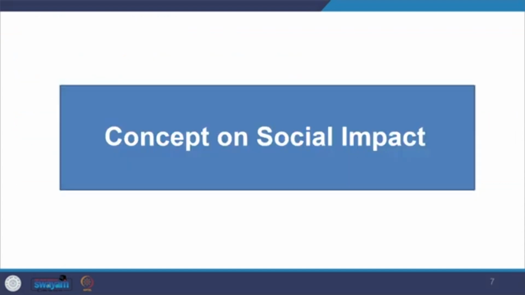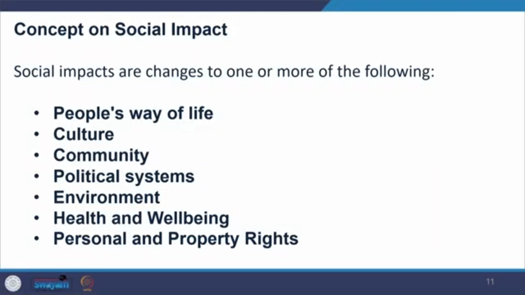So looking at the concept of social impact, though we have been looking at those concepts. Social impact are changes to one or more of the following. When such changes happen, people's way of life changes, that is how they live, work, play and interact. That is also said to be social impact. Then their culture changes, the kind of belief they have, custom, values, language or dialect they have.